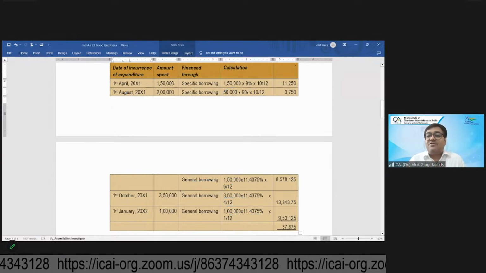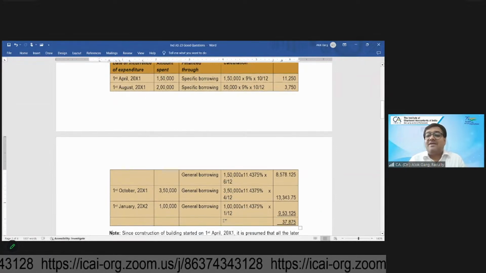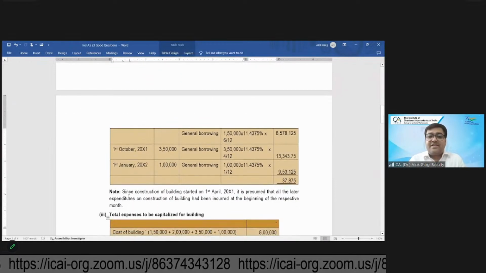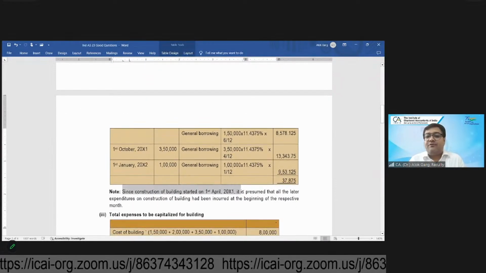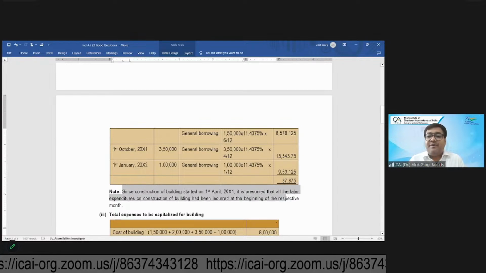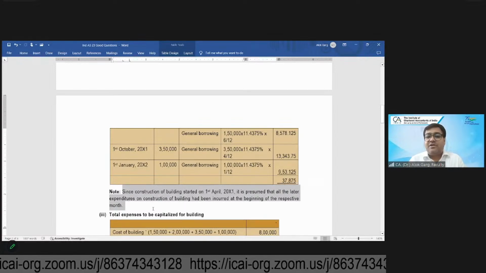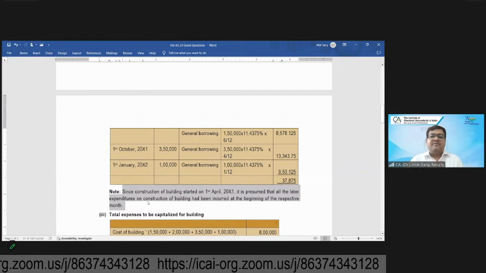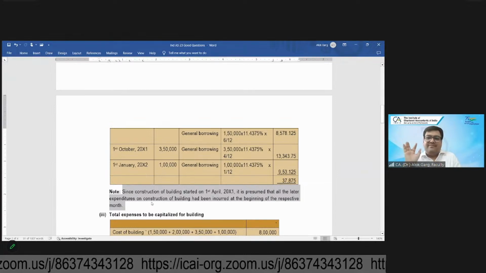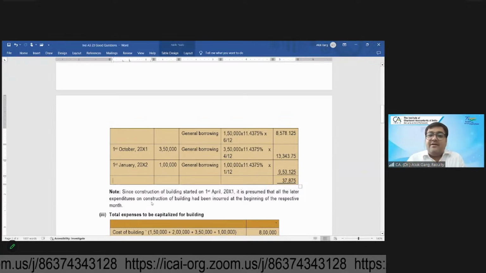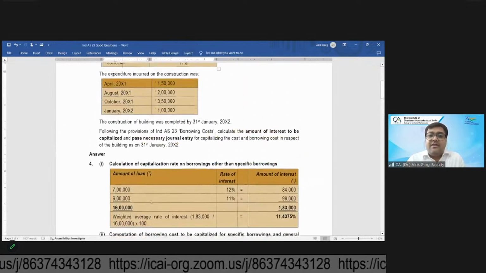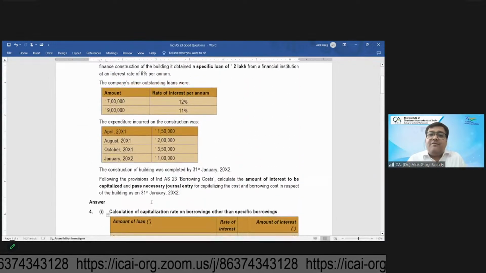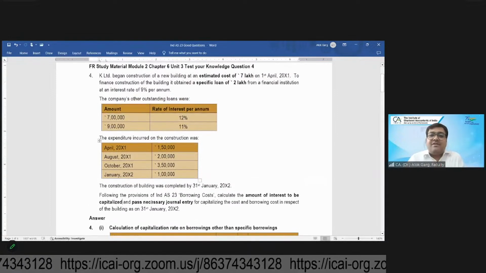The total interest cost which is going to be capitalized is 37,875. Since construction of building started on 1st April 20x1, it is presumed that all the later expenditure on construction of building had been incurred at the beginning of the respective month. In the question, the date was not given.